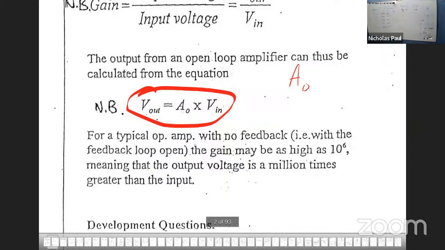One more note. Note that your V out is between negative V supply and positive V supply. Your value can never be bigger than the supplies. Right? Your V out is trapped between those two values.